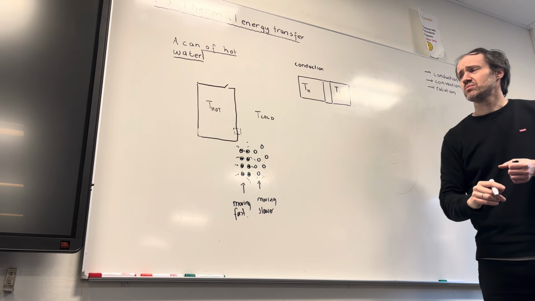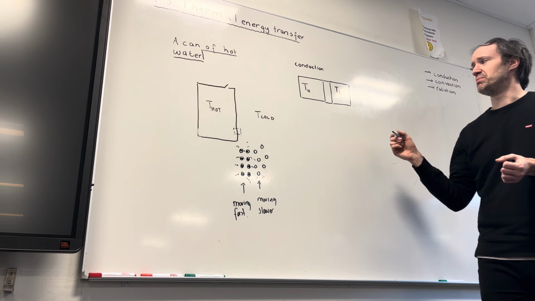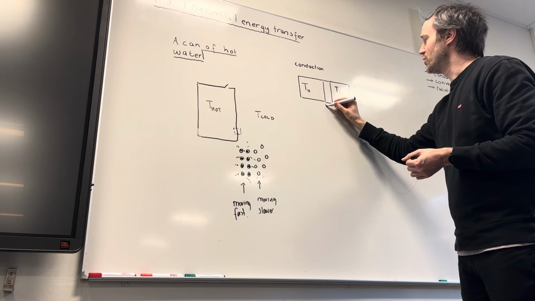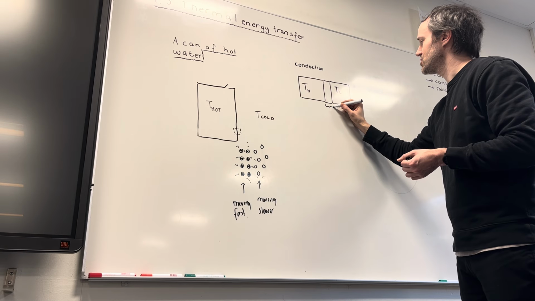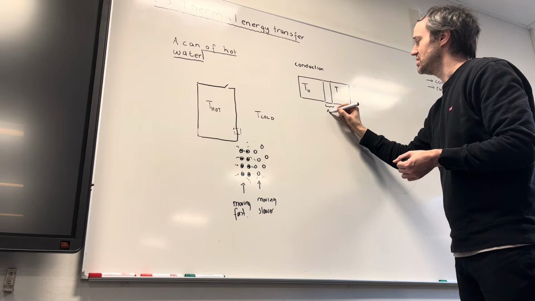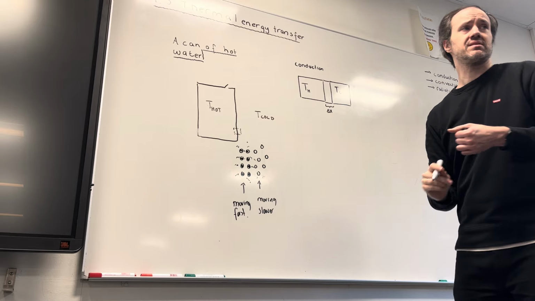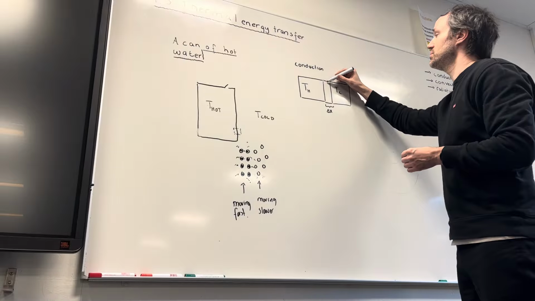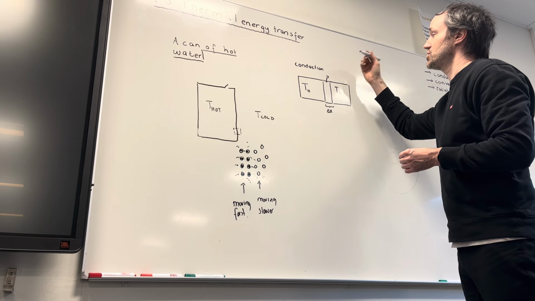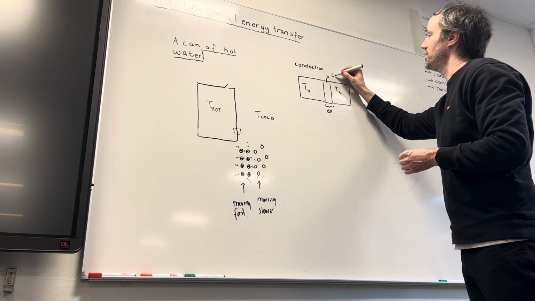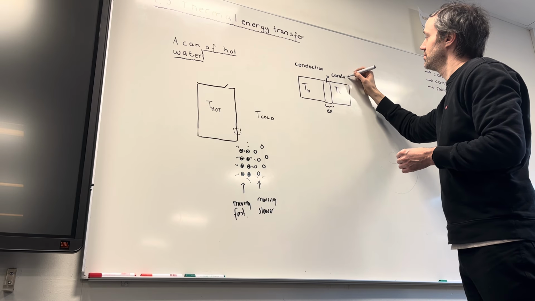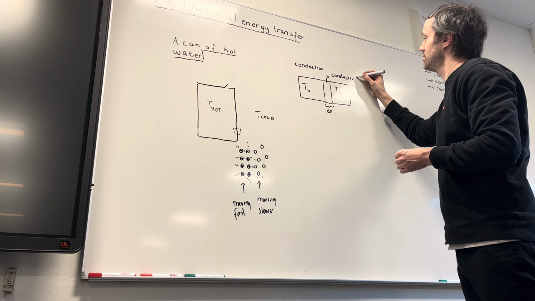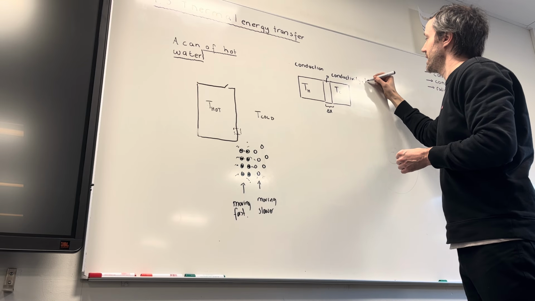And let's say I separate those two reservoirs with a specific medium, where the width of the medium is delta x in that formula, explaining the distance between the two reservoirs. And we assume that this medium has a relevant property called the conductivity, and we call that K.